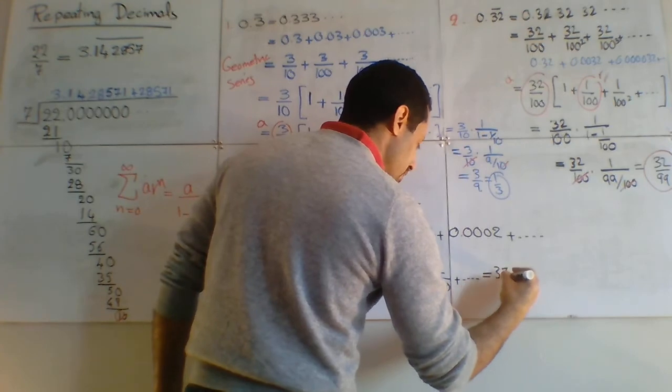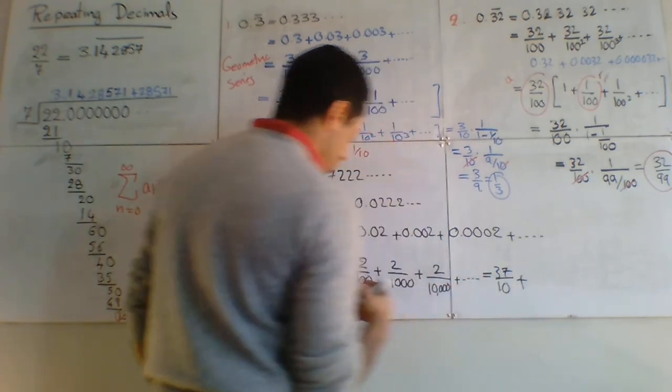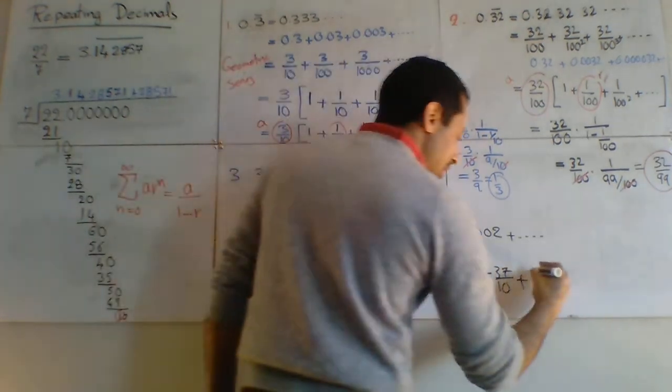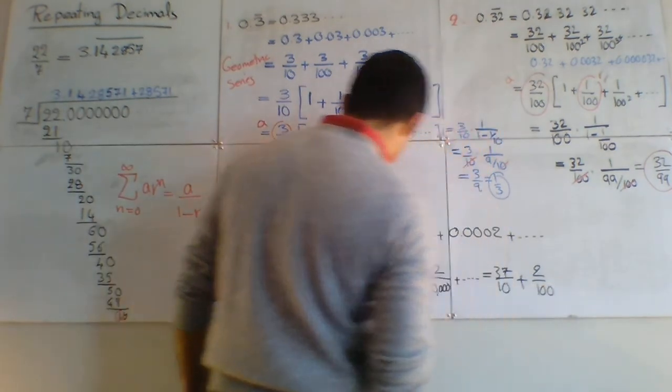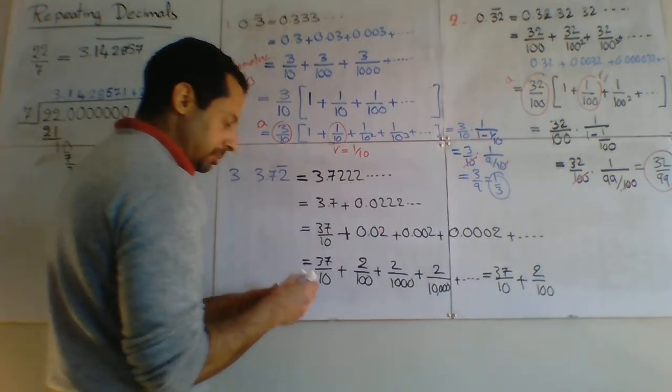So this is 37 over 10, and this is a geometric series. Factor out the 2 over 100, the first term. This part is the geometric part.